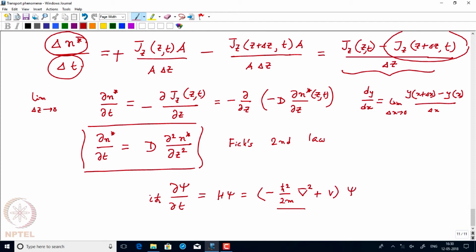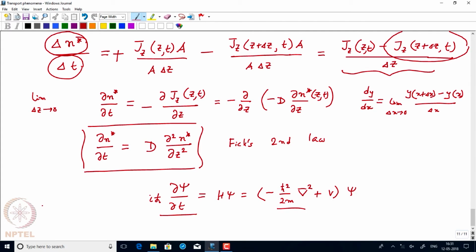Now if you look at this, on the left hand side I have a time derivative, and on the right hand side I actually have a double derivative with respect to space. So that's why it's known as the Schrodinger equation, but the Schrodinger equation is not exactly a wave equation.